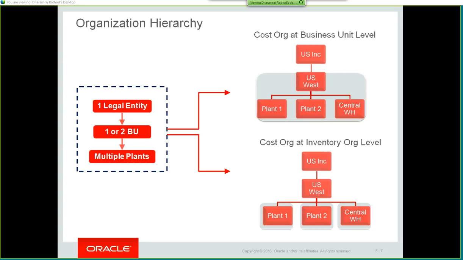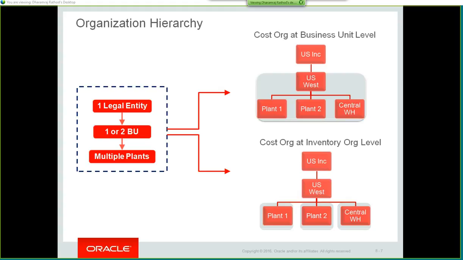And you have flexibility to assign all the inventory organizations within that business unit. So one cost organization would do the cost accounting and administration for all of these inventory organizations.